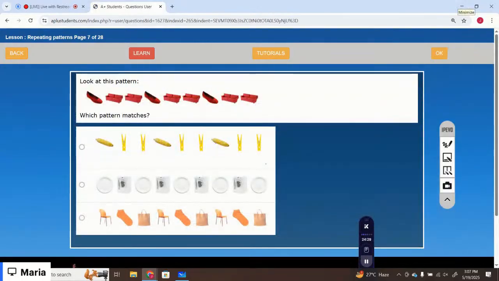Look at the pattern. Which pattern matches? So, which is the correct option?